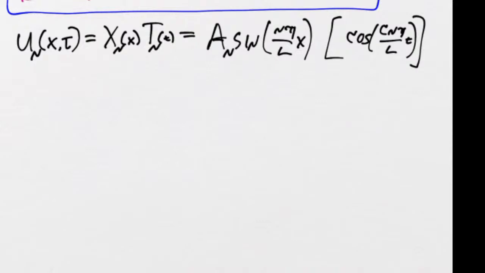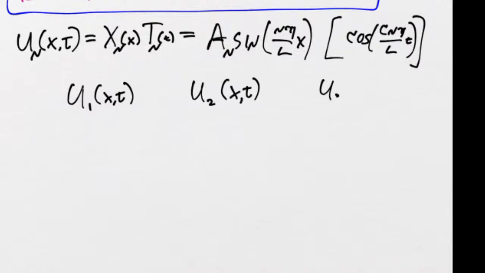Okay, let's see. Well, the first mode is u1 of x and t. The second mode is u2 of x and t. The third mode is u3 of x and t, etc., till you get to any number, let's call it un of x and t, and then you keep going, right?